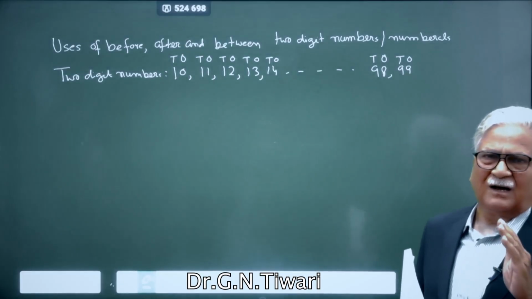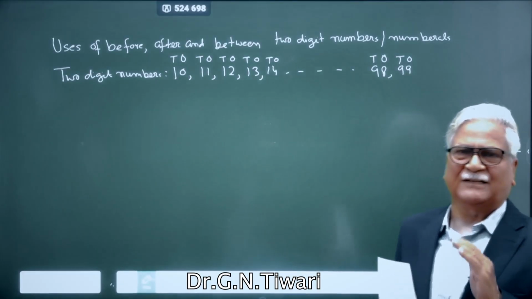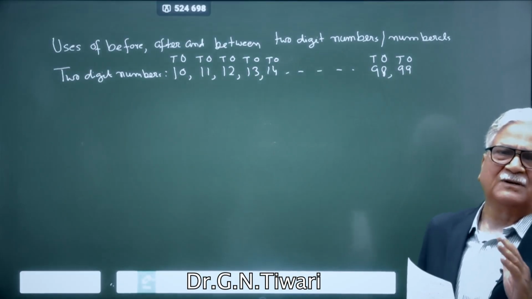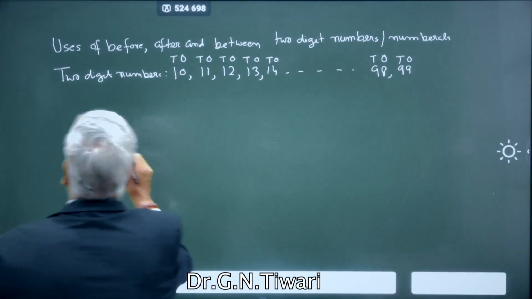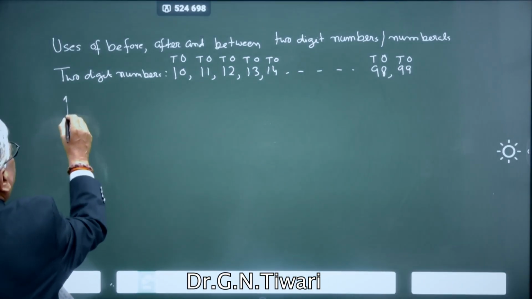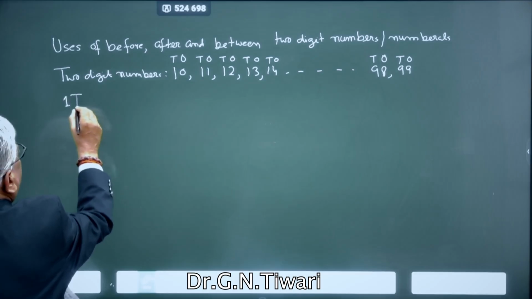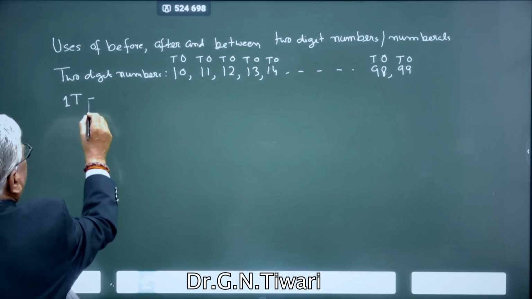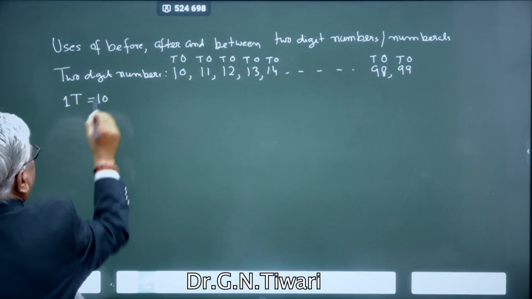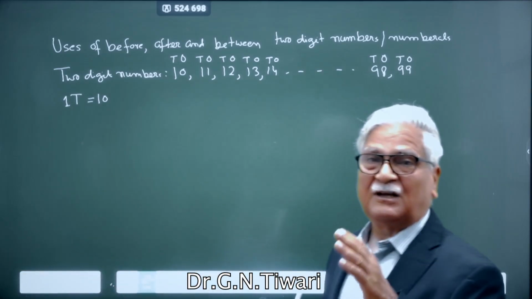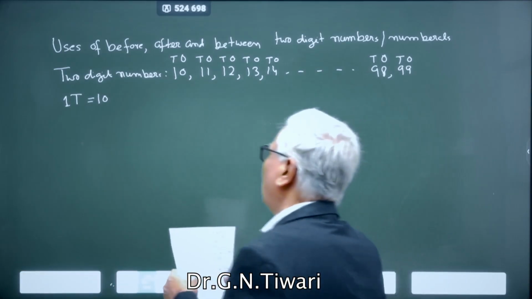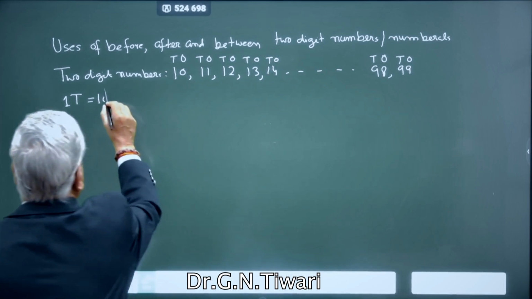Now, again, I am telling you the importance of tens and ones. For example, 1T is equal to 10. Mention to them that 1T means 1, 0, and here write OT.